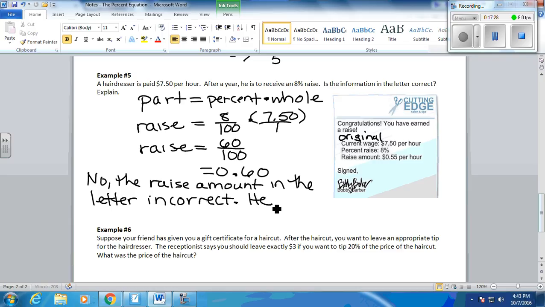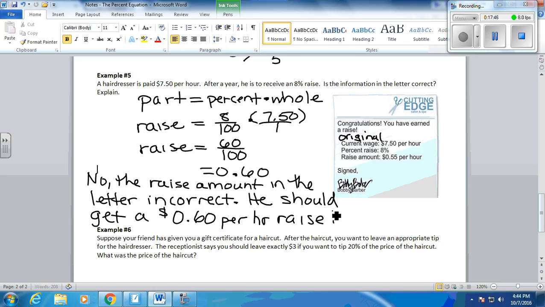You should get 60 cents instead of 55. $0.60 per hour raise instead of 55 cents.